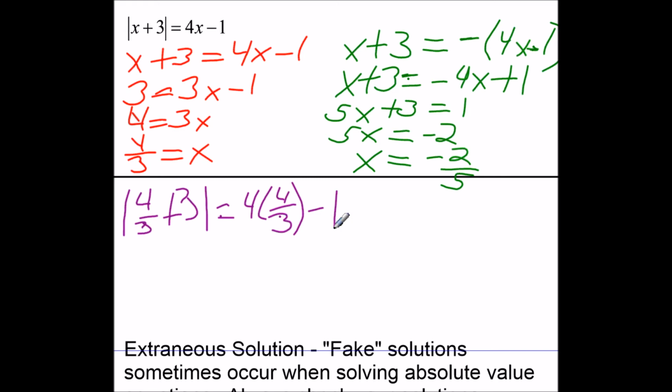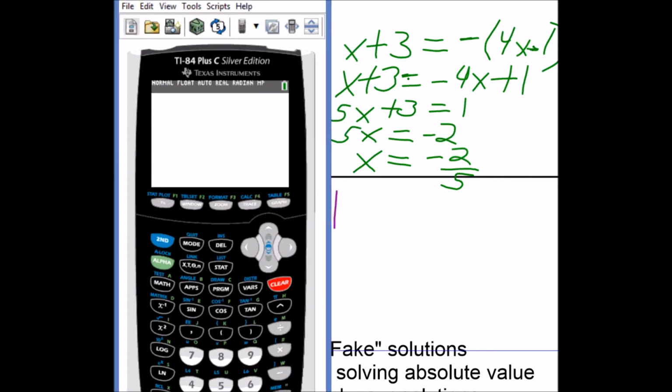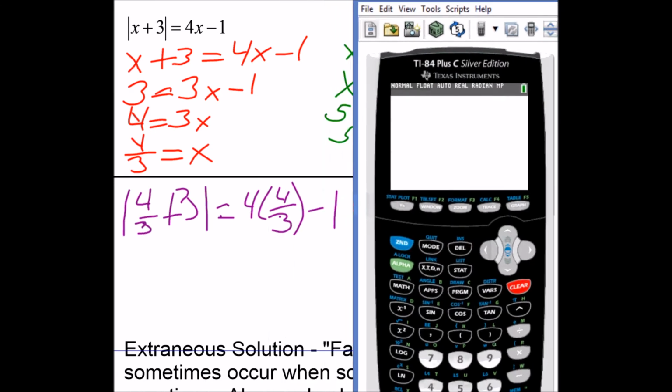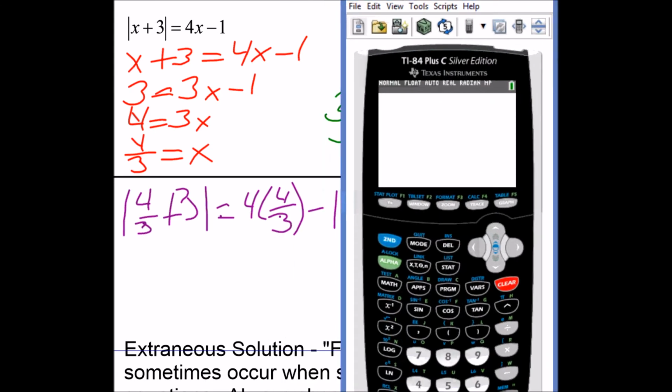And I want to see if that's true. I'm not trying to make your life too miserable here. We're checking our answers. We're verifying a solution. So let's just use a calculator to see if this works.